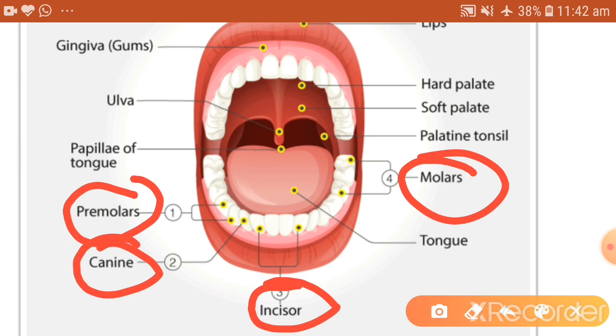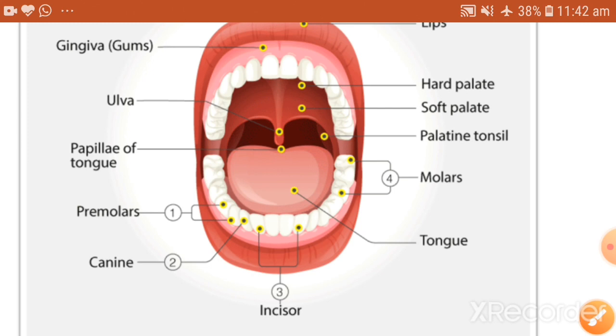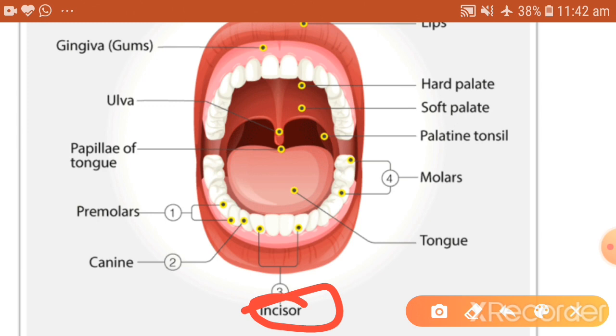First let's do the incisors. The incisors are 4 front teeth. You can see in the diagram, 4 front teeth on both the jaws, upper and lower, 4 incisors on the upper jaw and 4 on the lower jaw. These are meant for biting and cutting the food. As soon as you put your food inside your mouth, you cut or bite it with the incisors.